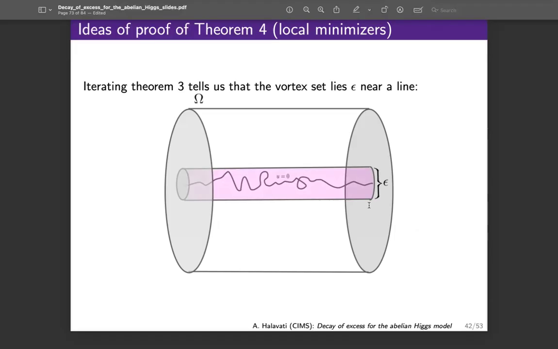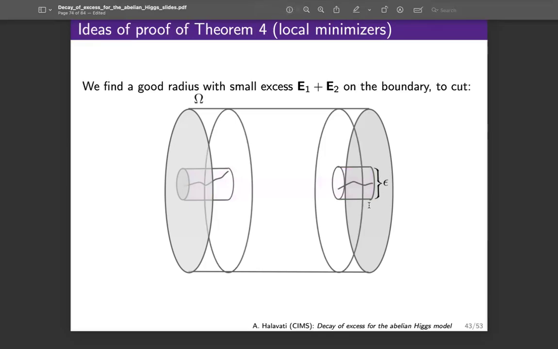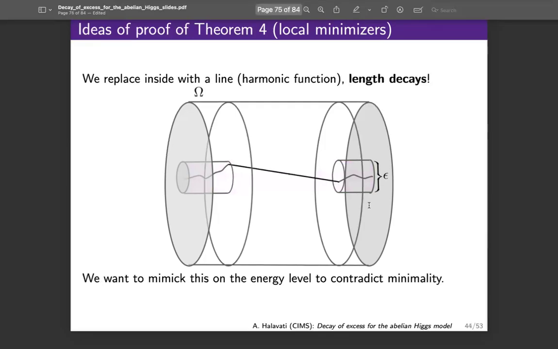Okay. You choose a good radius that you cut, and you replace it inside with a line. So you see that the length of this line decays, right? And you want to mimic this on an energy level and compare it to contradict local minimizing, or use the local minimizing techniques and comparison arguments.